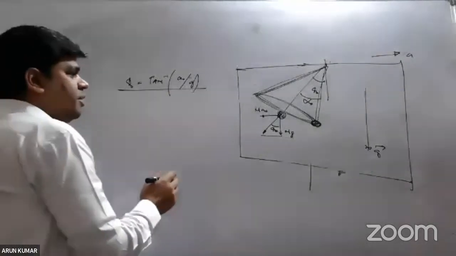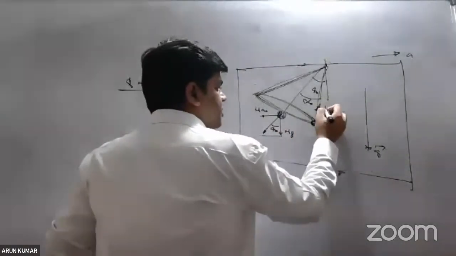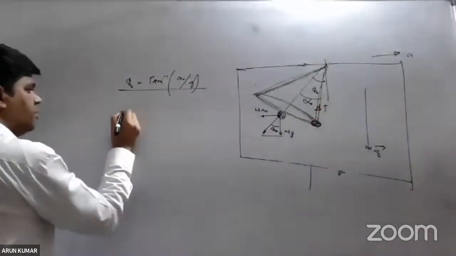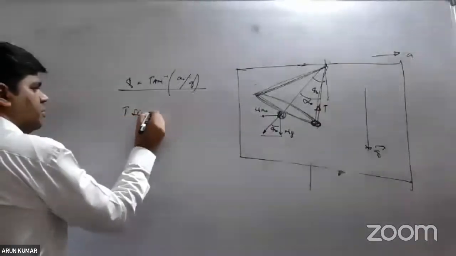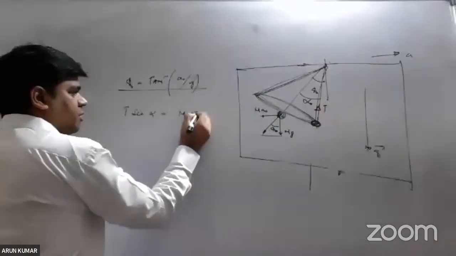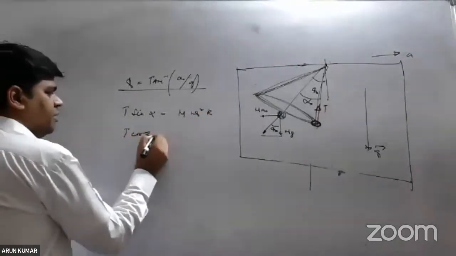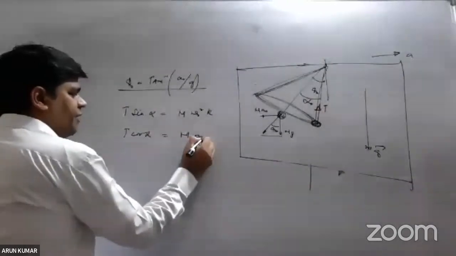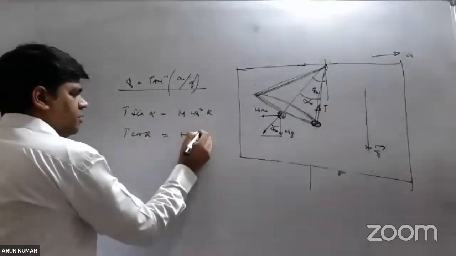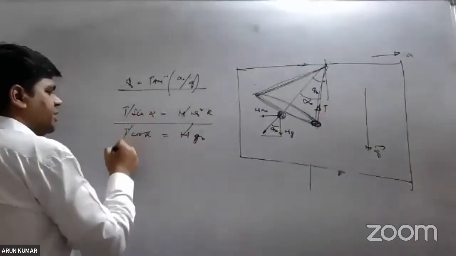Now, if this is alpha, I'll have T sine alpha equal to m omega square r. T cos alpha is equal to m g effective. If I divide these two, m gets cancelled out, T gets cancelled out.